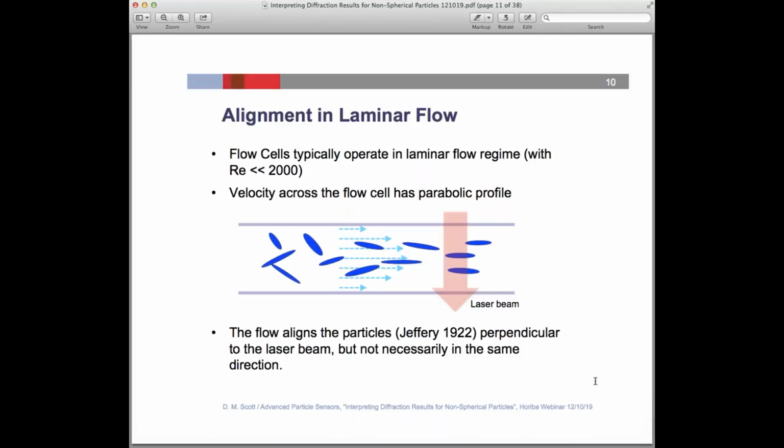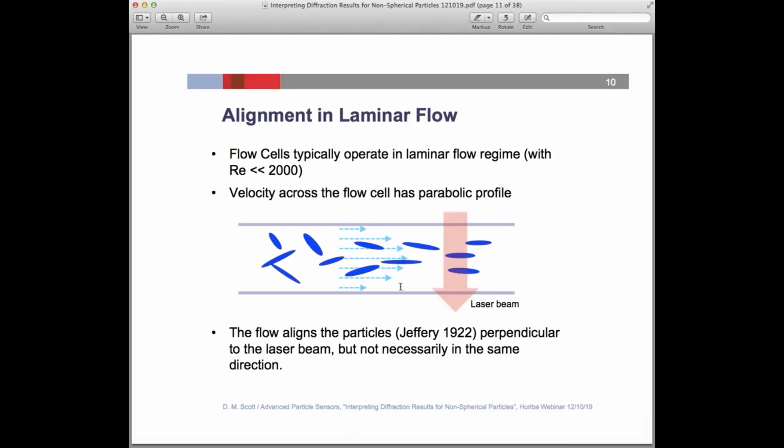It turns out that typically flow cells operate in a laminar flow regime with a Reynolds number much less than 2,000. What that means is that the velocity across the flow cell has a parabolic profile. These light blue arrows are meant to show that the velocity is highest in the center and then tapers off as you get to the edge.